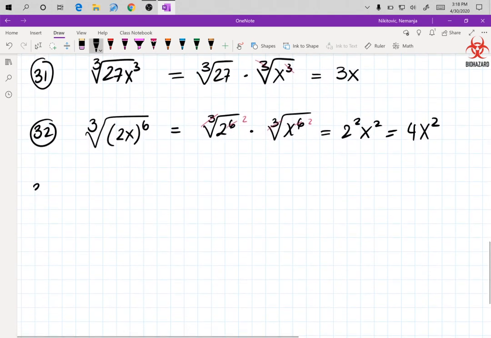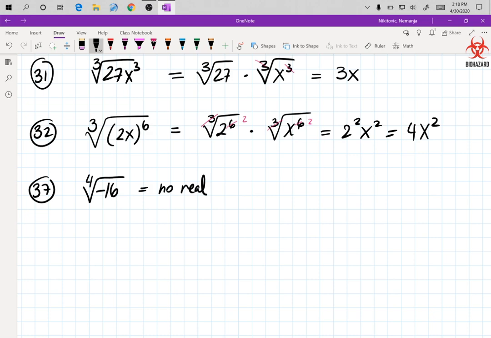Problem 37. Fourth root of negative 16, not a real number, because it's an even root for the negative.